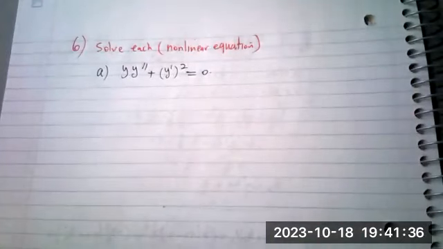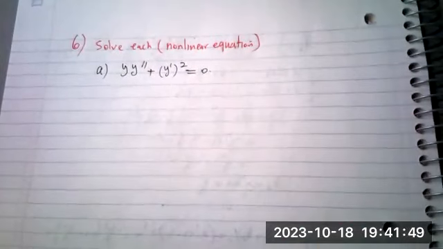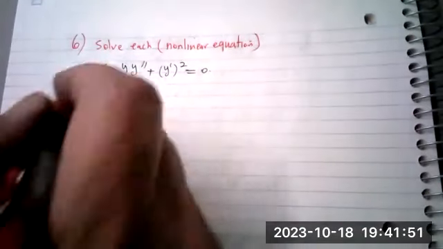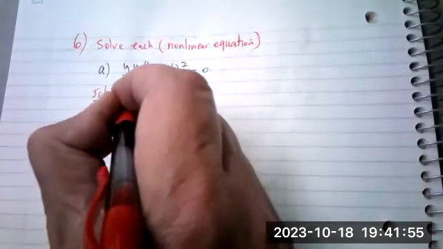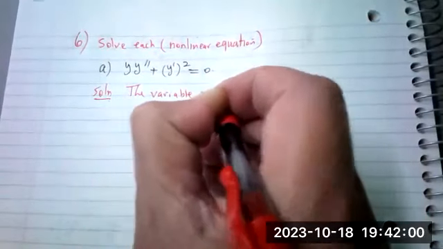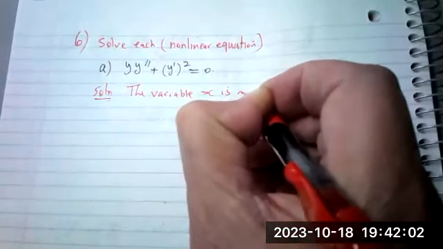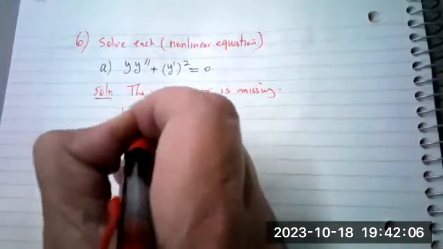You see, in this case, x is missing. So that's a type 2. The type 2 takes a little bit more to do, because we have to change the derivative. So you have to identify which one it is, type 1 or type 2, because your substitution will be different. In this case, the variable x is missing. So remember, your substitution would be what?